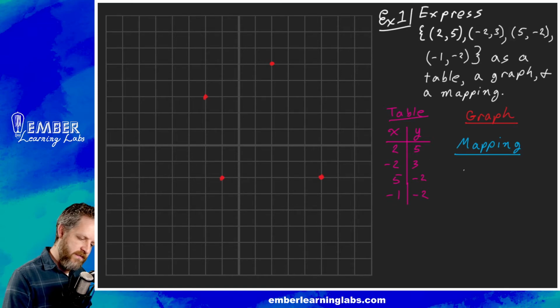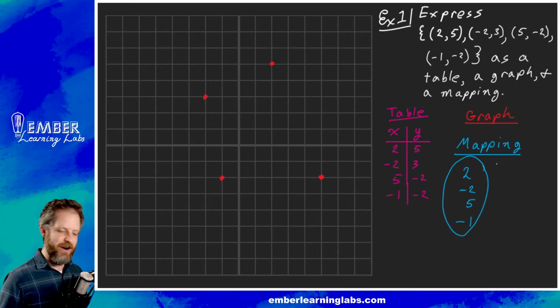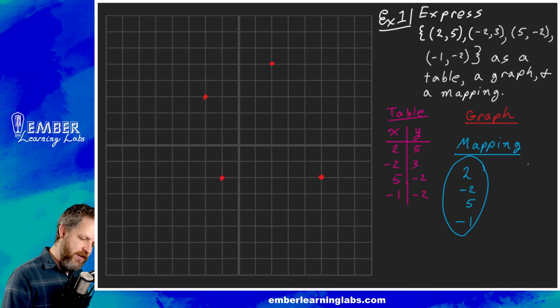I'm going to list them first and then draw my bubble: 2, -2, 5, -1. So there is my domain. Gosh, that's awful. That's not much better, but it'll work. And then my range is 5, 3, -2, -2.